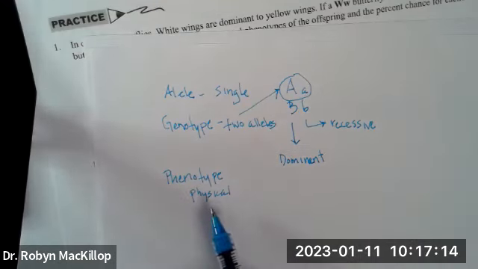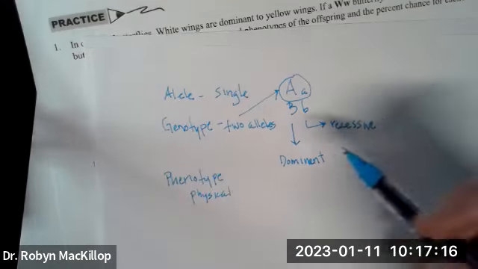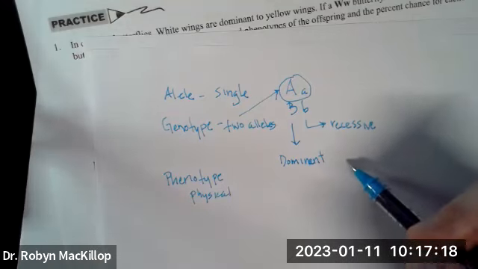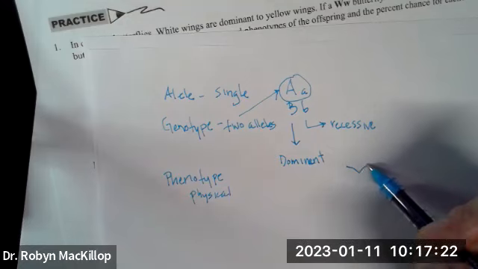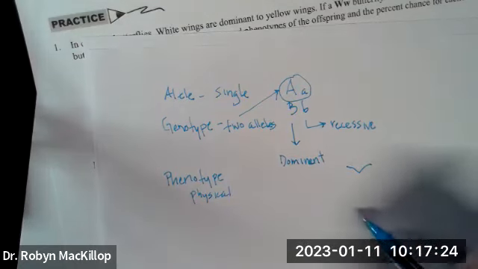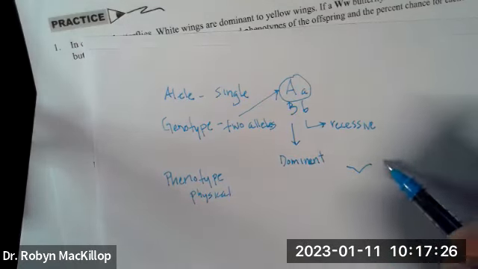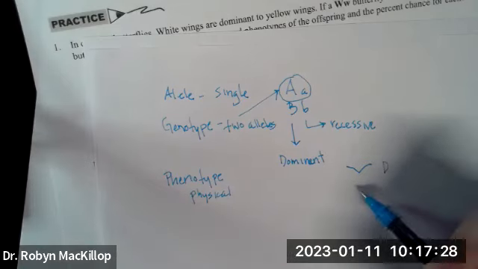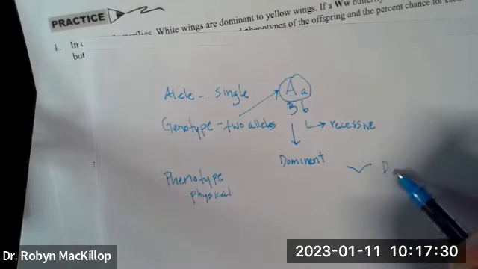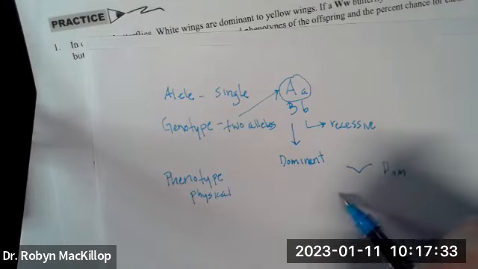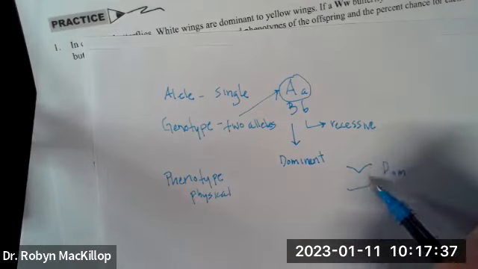So if you have a widow's peak, if you look at your hairline on your forehead, if it kind of goes down into a point, that is a widow's peak. That is dominant. Dom. That'll be a big letter. If your hairline is straight, that is recessive.